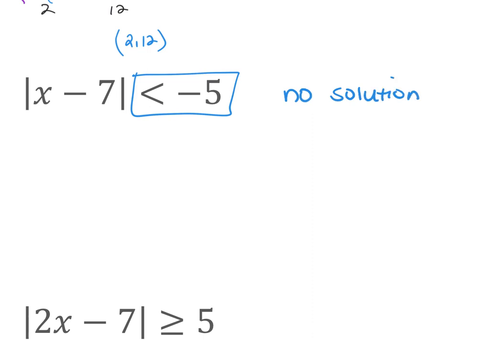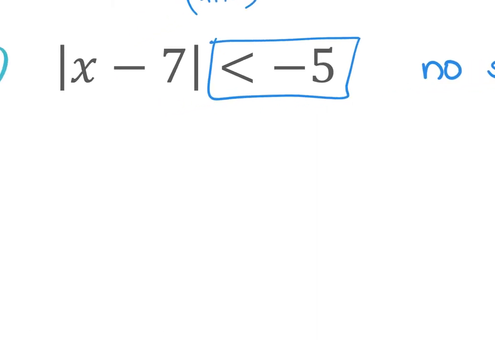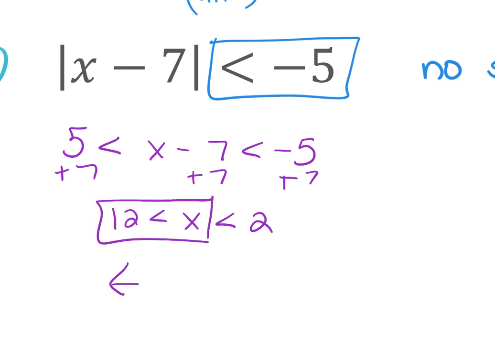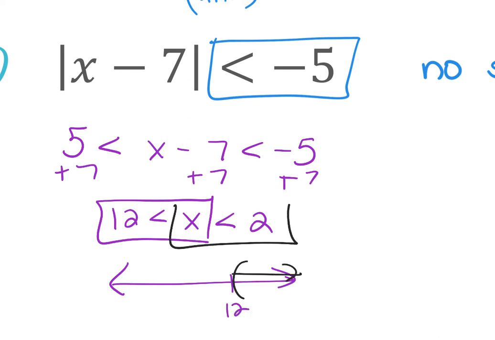If you don't catch it from the beginning, this is a less than, so this is an and statement. If you go to put that number on the opposite side, I could put negative 5 is less than x minus 7, which is less than negative 5. I could keep going. Negative 12 less than x, which is less than negative 2. And this is saying x is greater than 12, and this is saying x is less than 2.